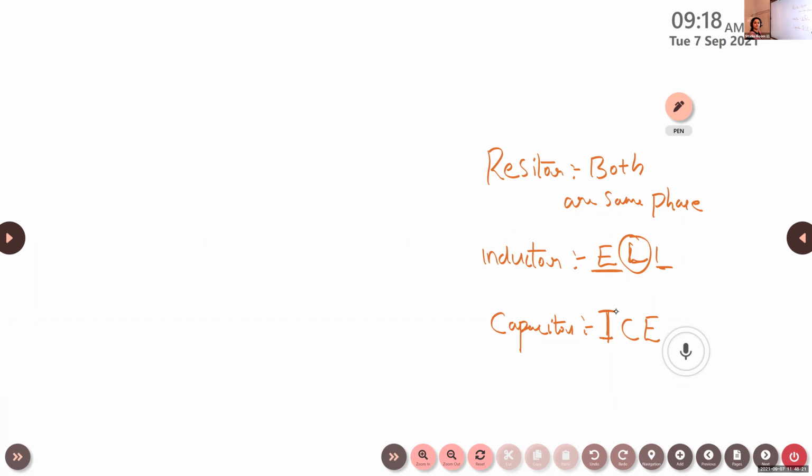So here we are going to draw the phasor diagram. First of all, we are representing the voltage corresponding to resistor. Here in the case of resistor, the EMF and current both are in the same phase. So we can write VR.